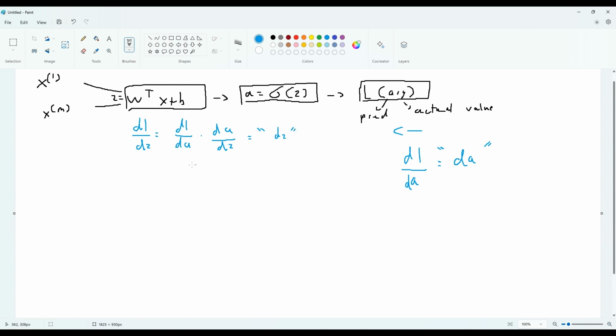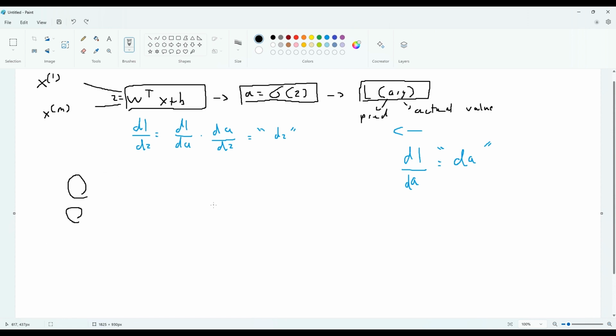If you want to find the derivative of z, it's dependent on these two, because obviously there's a line connected to it. If I draw this, x, x, x, and then this is our loss, for example, these lines are dependent on those layers.